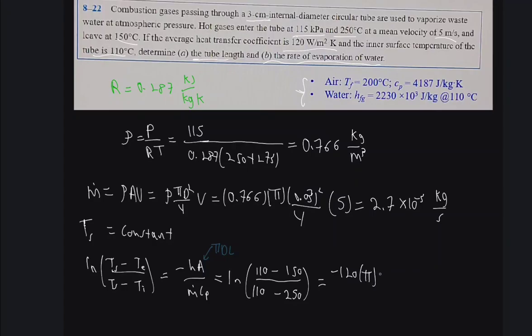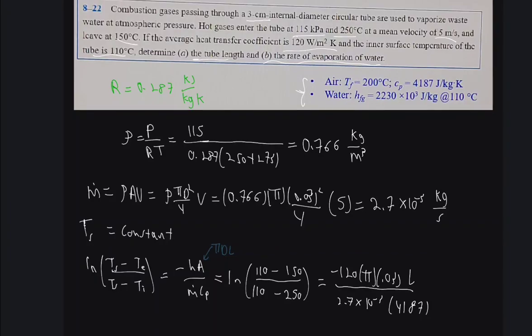Pi times D, 0.03 L, divide by m dot, we just calculated that, 2.7 times 10 to the negative 3 times Cp, we're given that up here, 4187.